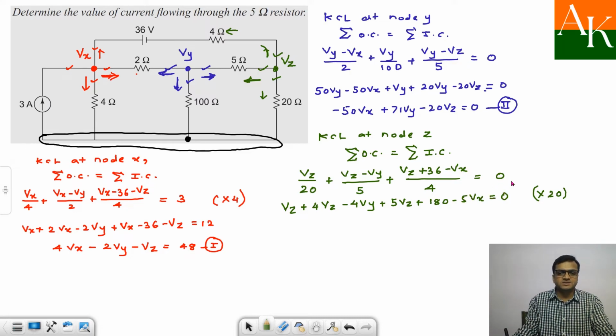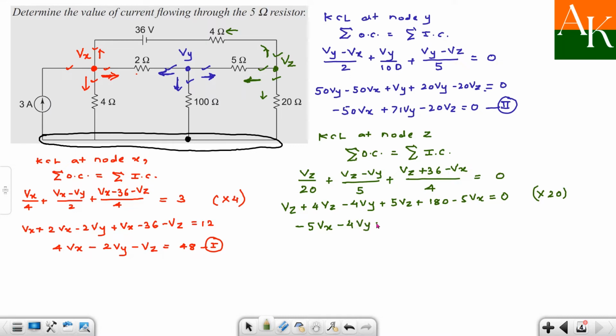The right hand side will still remain 0. So you will have the equation as minus 5Vx minus 4Vy plus 10Vz is equal to minus 180, and this is my equation number 3.